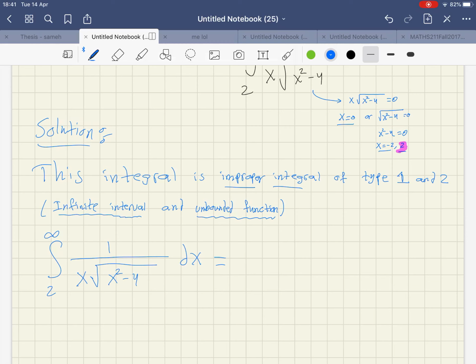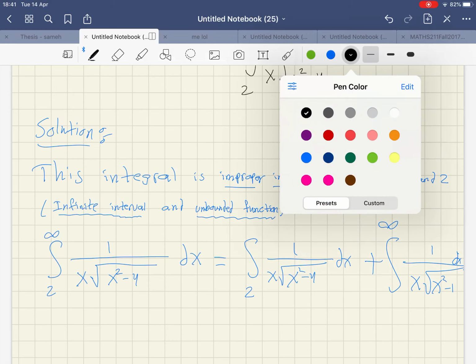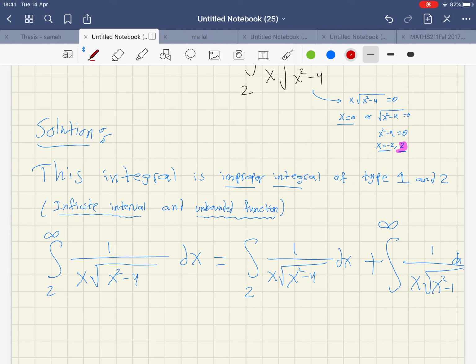Because we have two problems, we need to separate them. So we start from 2 to somewhere, plus from that point to infinity, dx. Now we have to choose a point between 2 and infinity where we don't have any problem. You can choose 3, for example, and so on. Any number would work for you.